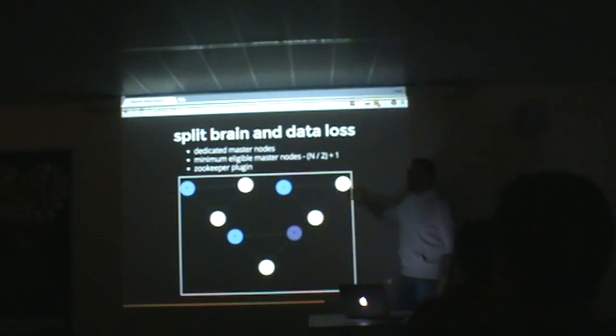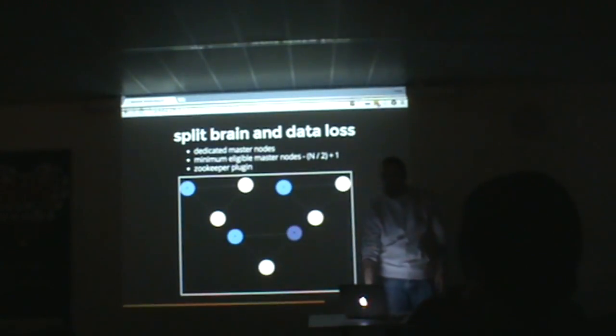So this will still win the election. And it was just a situation where you lose data. But they fixed that in 1.4, I think. So it's safe now. Not sure how they fixed it. Or you can use the zookeeper plugin, which also avoids this situation.